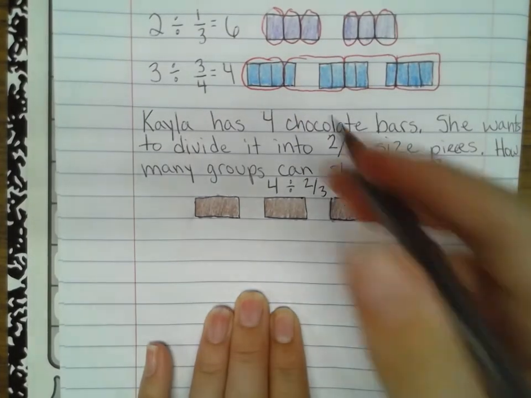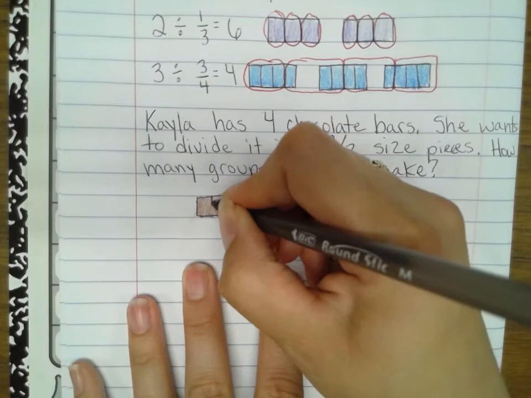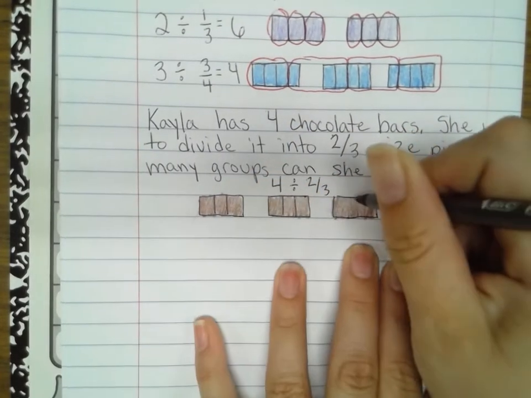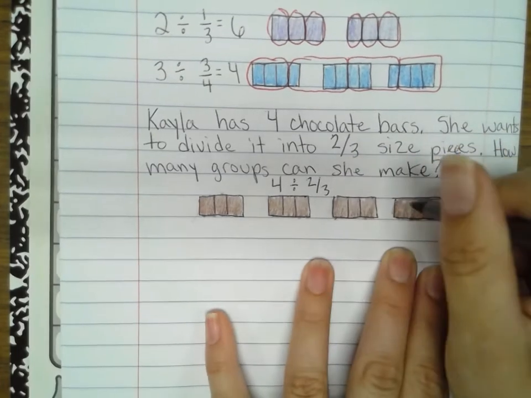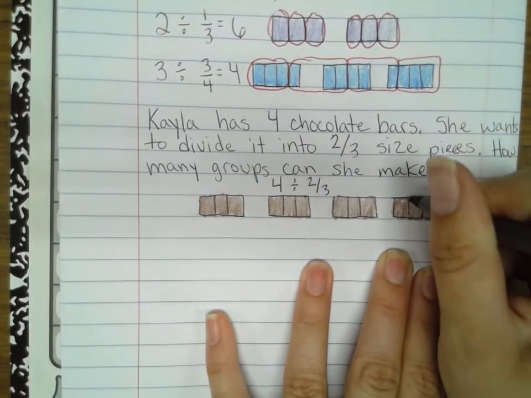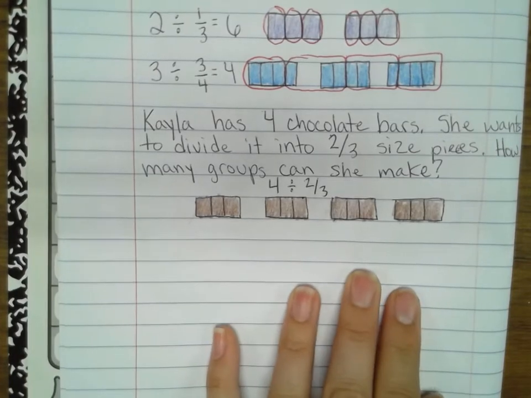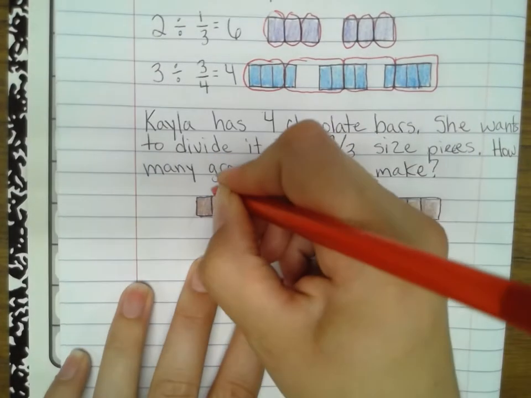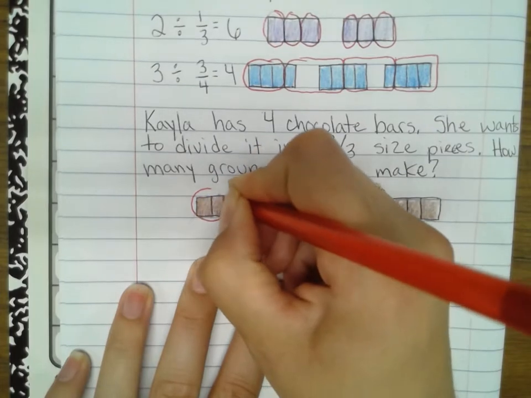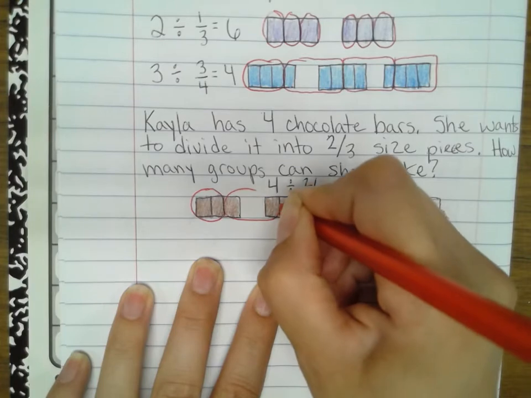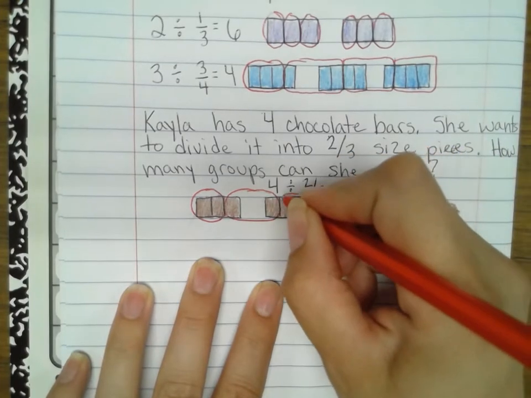So I need to split each one of these into thirds. Now I need groups of 2/3, so here would be a group. Here would be a group. Here's another one.